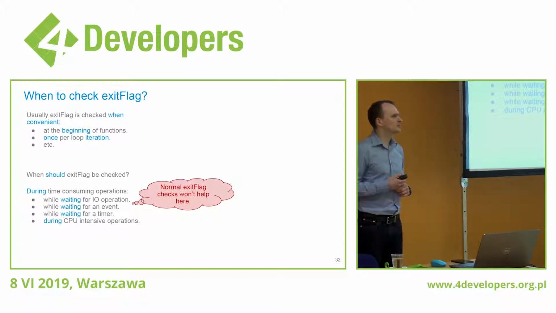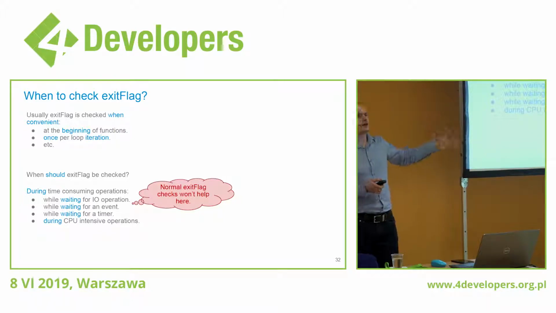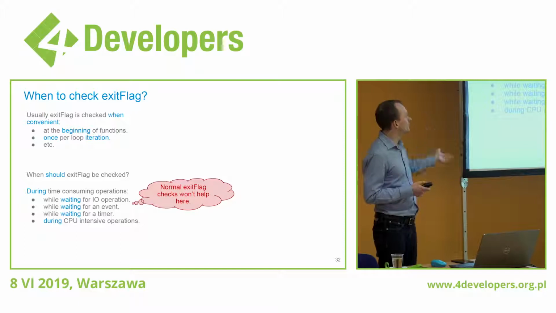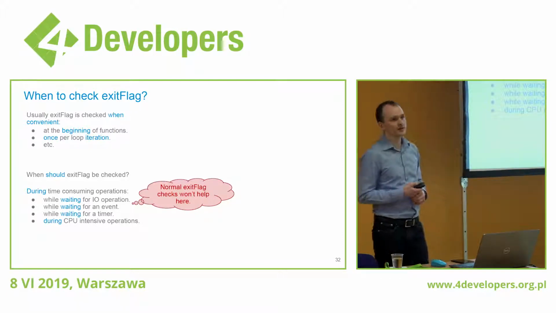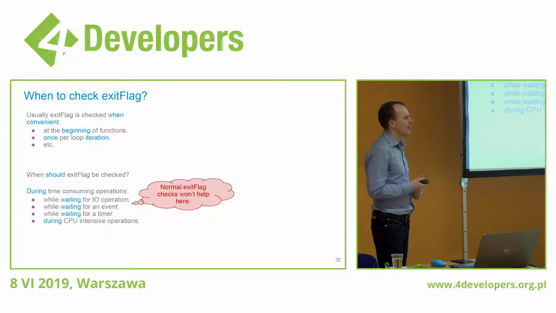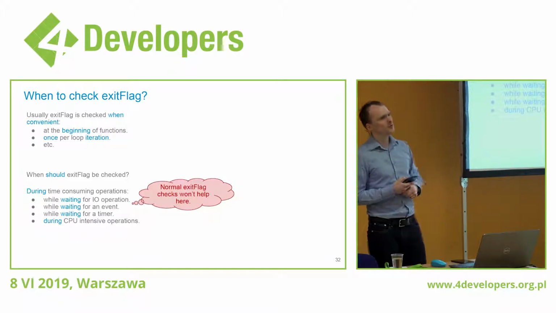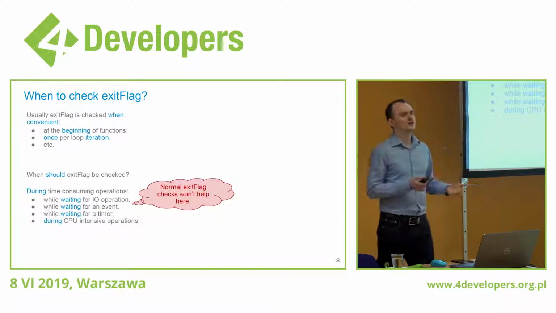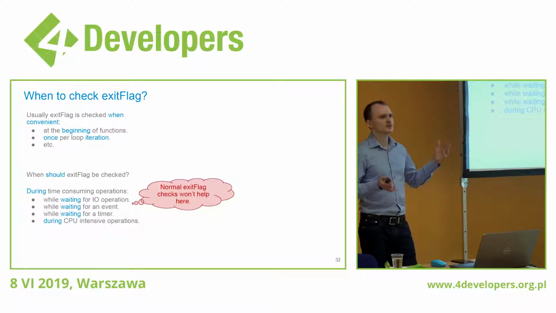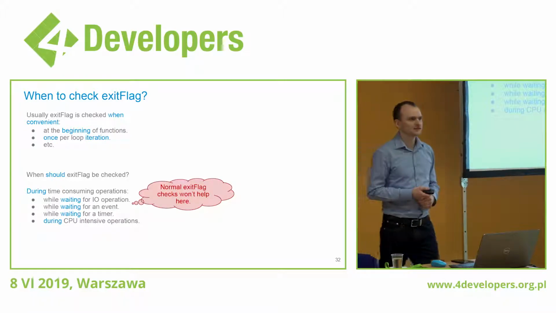We want to do it during lengthy operations. So while we are waiting for an I/O operation, while we are waiting for an event or for some timer. And the problem with that is that while we are waiting, our thread is suspended. It doesn't actually process any instructions. So we cannot check exit flag there, right?